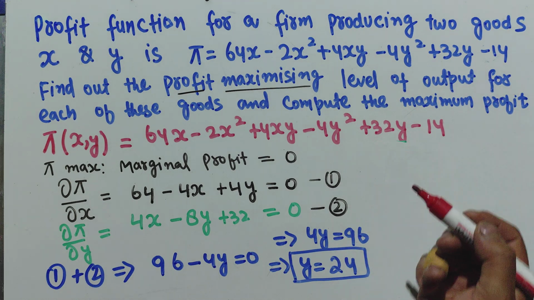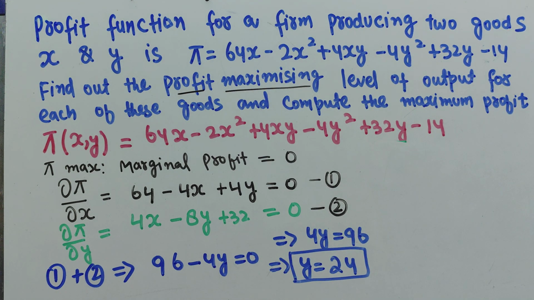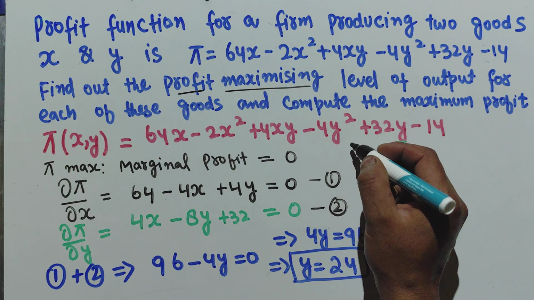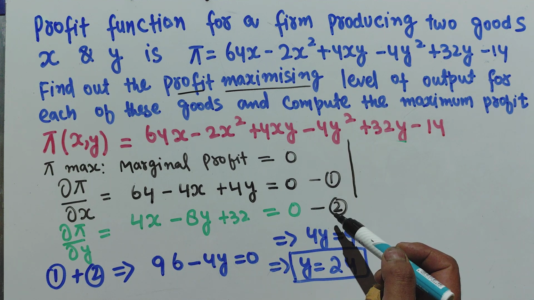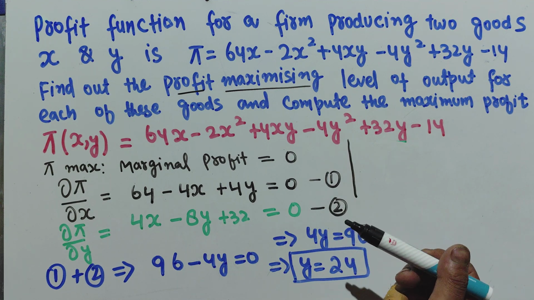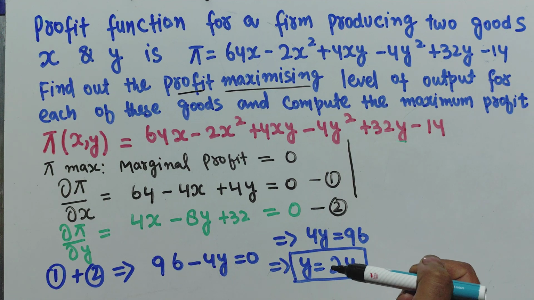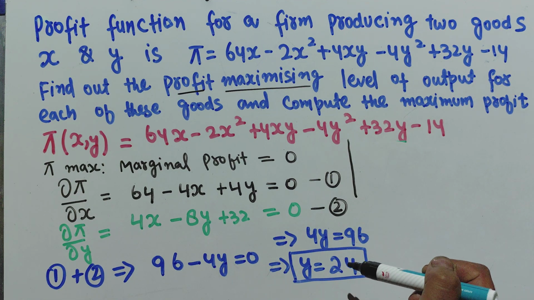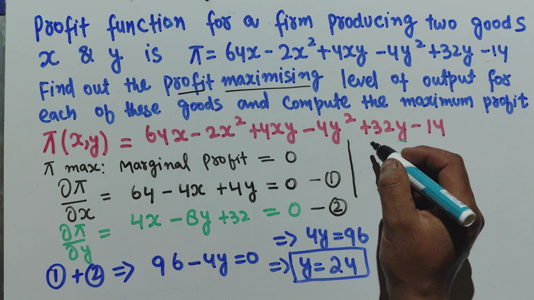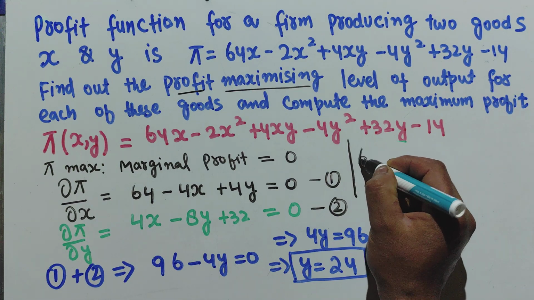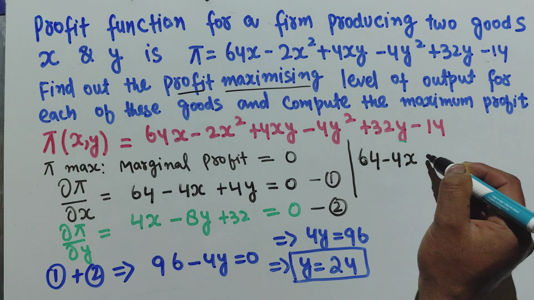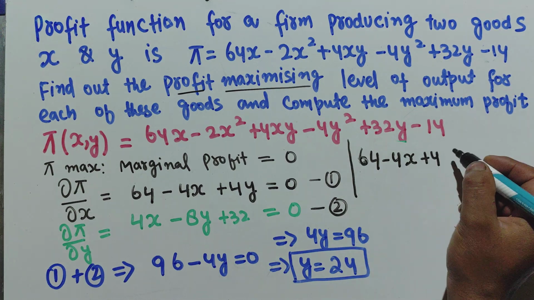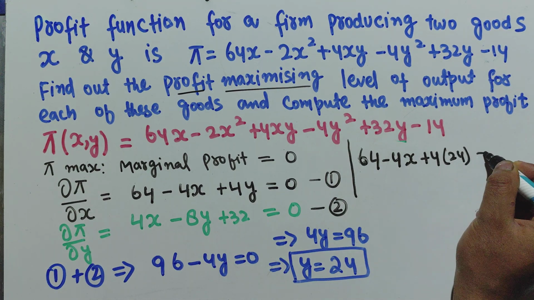Now we need to find the profit maximizing level of output for good x. Simply plug y = 24 into either equation 1 or equation 2. Let us put y = 24 in the first equation. That implies 64 - 4x + 4 times 24 = 0.